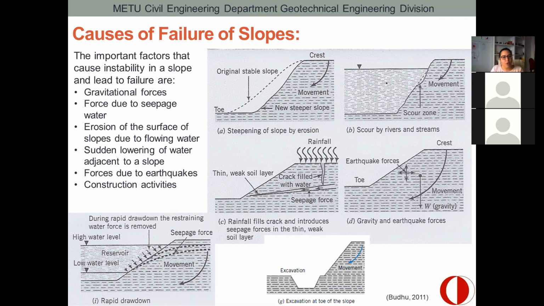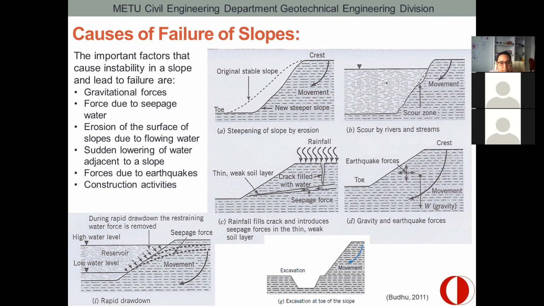All right, so let's discuss the gravitational forces first. Imagine now a slope that we design, a man-made slope. If the slope angle is too steep, then the gravitational forces may cause the slope to fail.